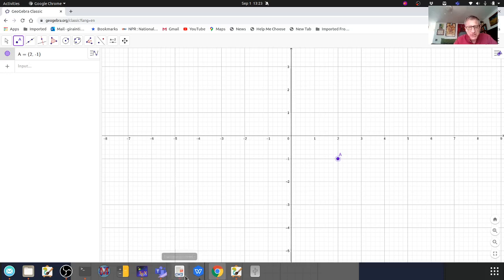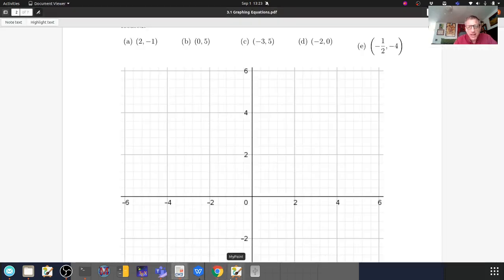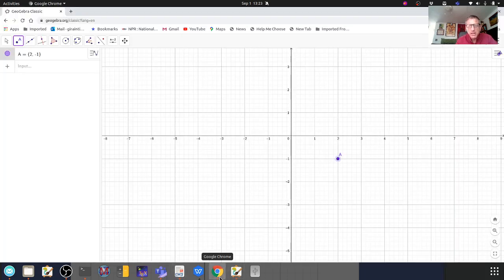So now let's do 0 and 5. So our x value is 0. So here's my x-axis right here. So my x value is 0, but my y value is 5. So I have to go up and find 5, and sorry about that, got to do some moving here. I'll just delete it.